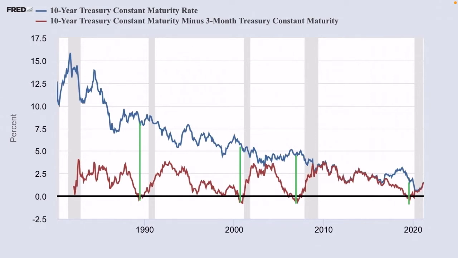With the green lines, you can see the rate at which the 10-year was at when the curve inverted each time. And you can see it's around 8. And then in 2001, it was around 5.5 or 6.